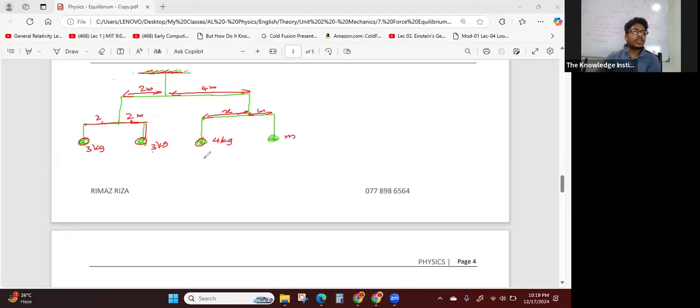So here you need to find this length x and mass m.